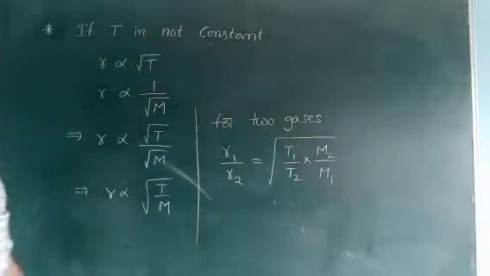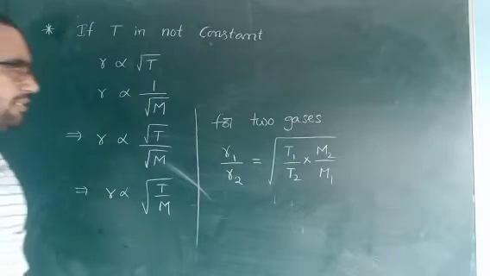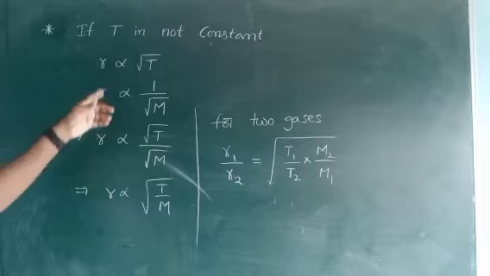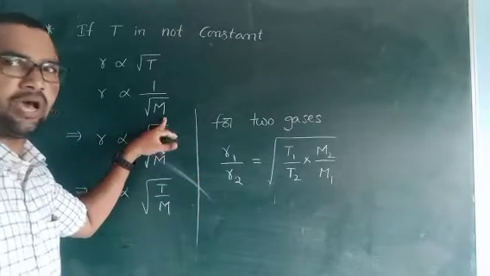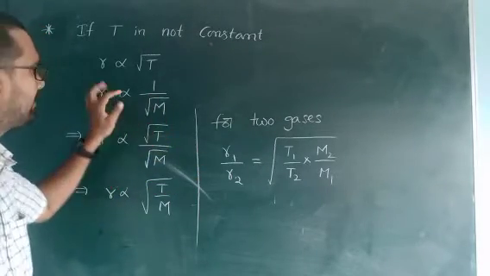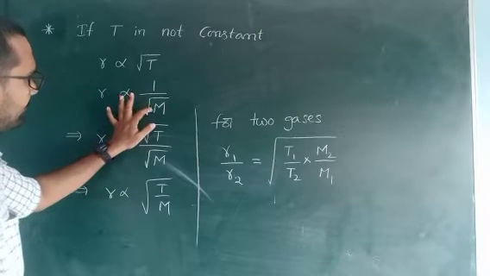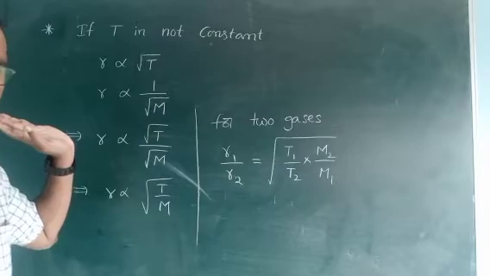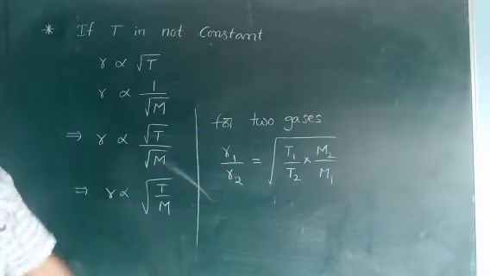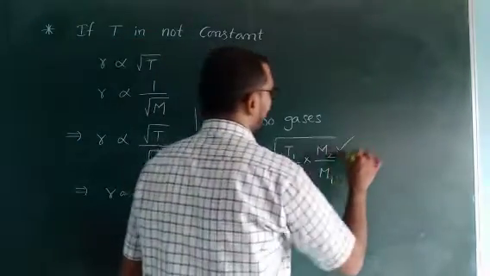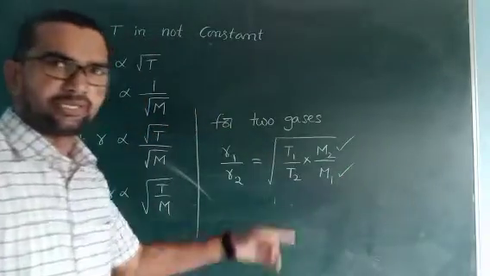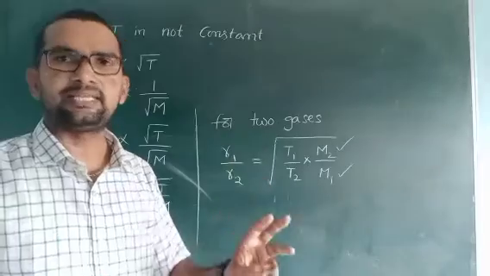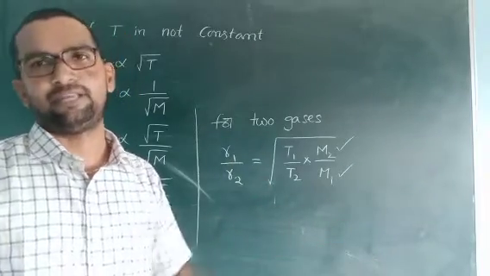This is the relation between temperature, rate of diffusion, and either molecular mass or density or vapor density. In this term, we can write anything, M or D, small d or VD. Here we use molecular mass. Also, we can use density. Also, we can use vapor density.